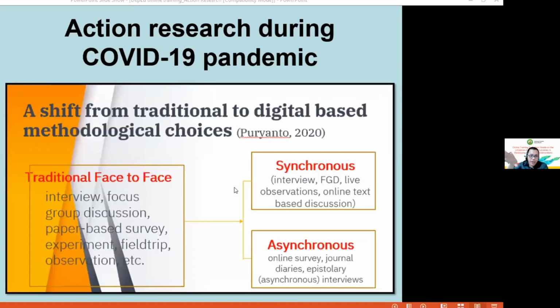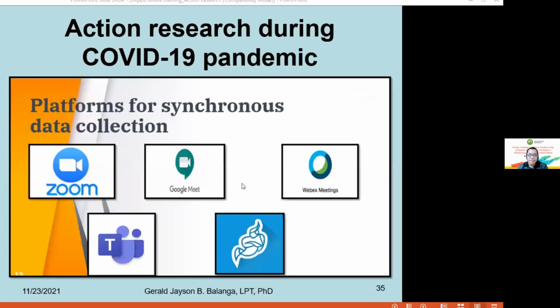Well, you know this already, there was a shift from traditional to digital-based methodological choices. So nagkaroon na ng synchronous and asynchronous data collection. And we have certain platforms to use for synchronous data collection, such as Zoom, which we are using now.